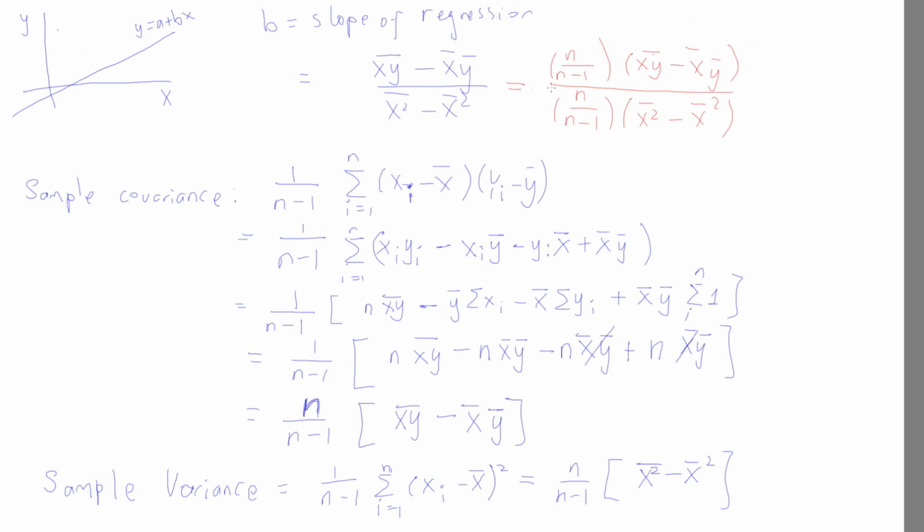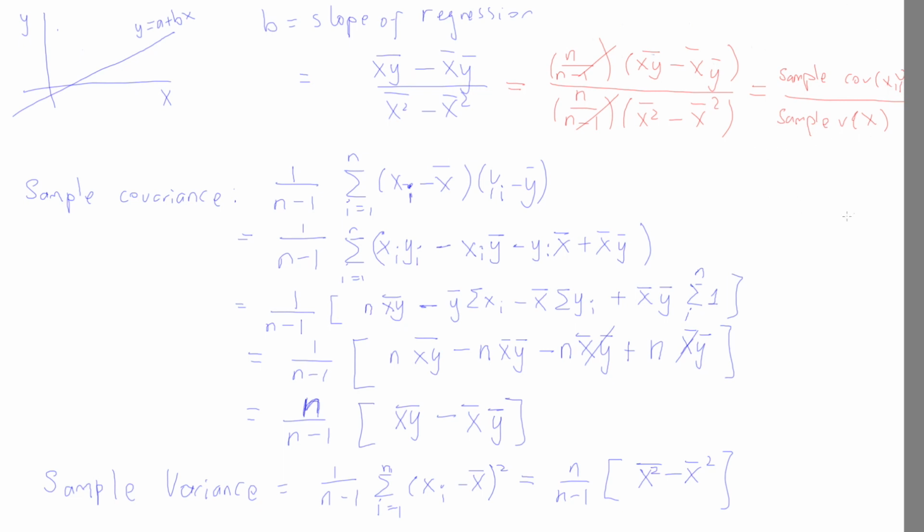These two are equal because these guys cancel out. So in other words, we're saying that the regression slope is equal to the sample covariance of x, y over the sample variance of x. Okay, sample covariance of x, y, sample variance of x.